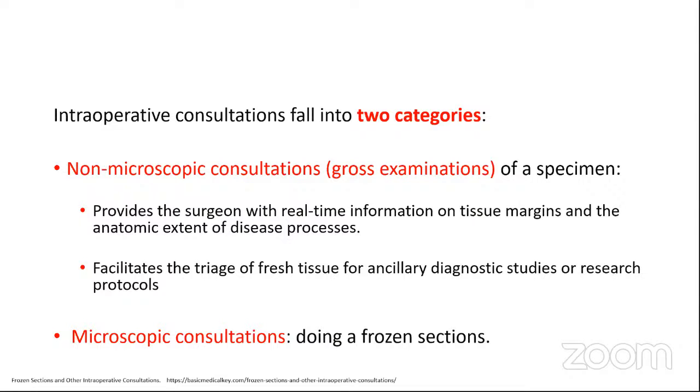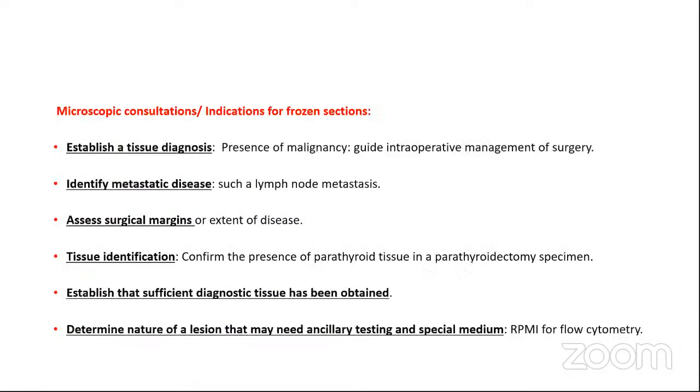The other category for intraoperative consultation is microscopic consultation, which is doing a frozen section. The indication for frozen section is establishing a tissue diagnosis to tell the surgeon if there is malignancy or a benign tumor. This will guide intraoperative management of surgery.